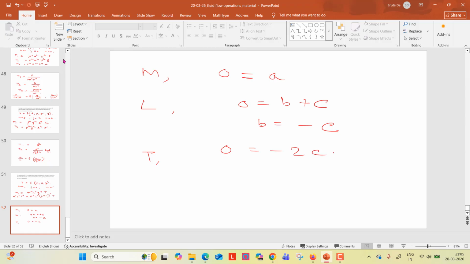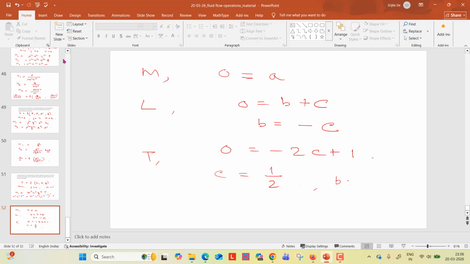So c will be half, and from here b will be minus half.